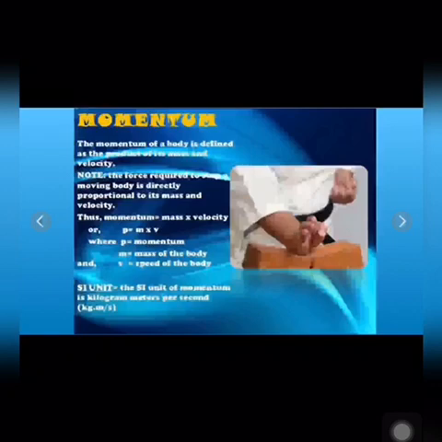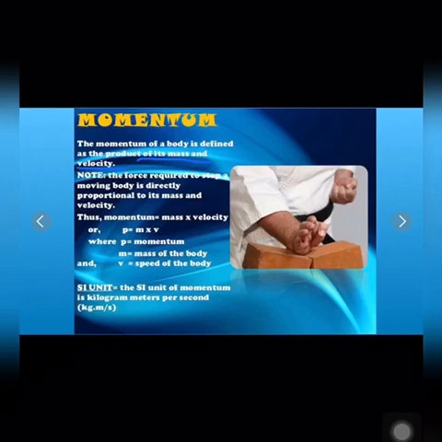We define momentum as the product of mass and velocity. So, momentum, or linear momentum of a body, is the product of mass of the body and velocity of the body. It is denoted by the letter P.